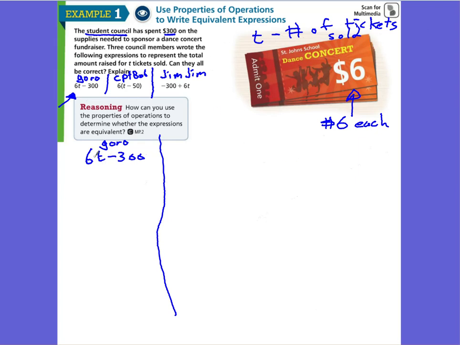So 6 times the amount of tickets minus that 300 that they already spent, that should give how much they raised. So I think we can pretty definitively say Goro's correct. However, the other 2 members' expressions are a little bit different looking, so I don't know if we can definitively say as much, but we shall see.